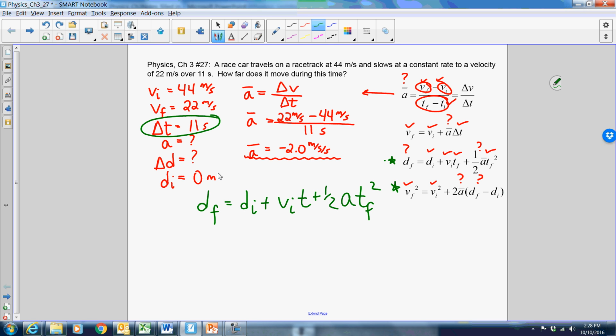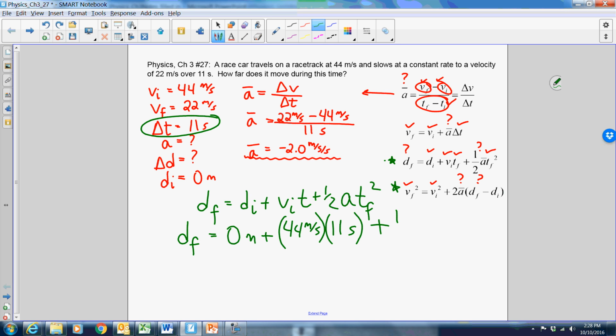Okay, so now I'm going to say final position is wherever I started plus initial velocity was 44 times 11. Okay, and watch carefully here. I'm just making sure I don't lose track of any addition signs.